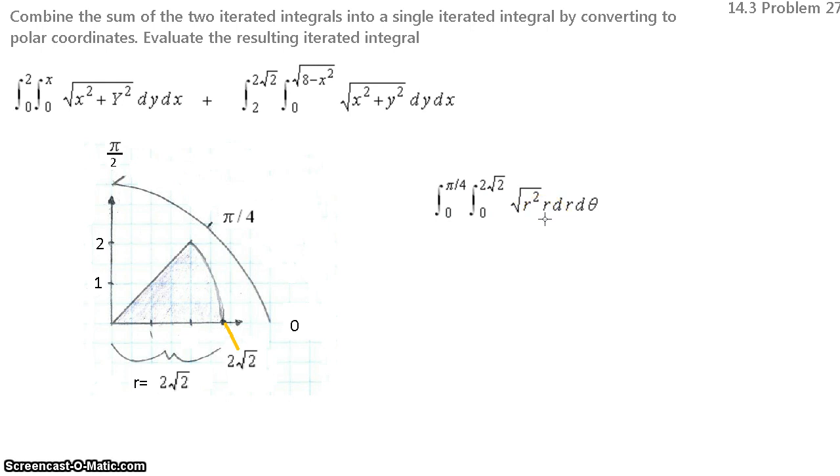Well, actually in this one it's not. But if we had like 8 plus r squared or something like that, it's going to be a lot easier to evaluate that with this r outside of the root than it is going to be without that. So it's kind of nice, really, that it does add that in there. So we can simplify this down a little bit, and when we do that we get this.